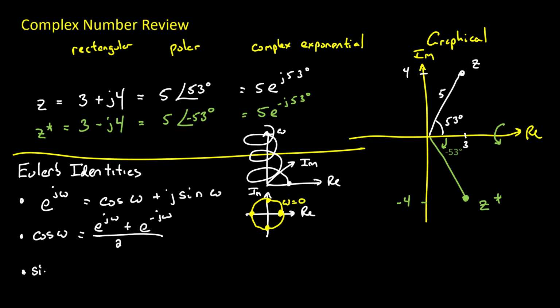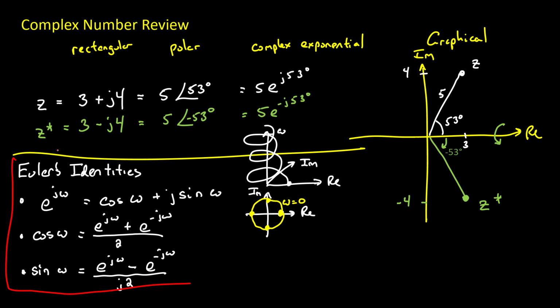And similarly, sine of omega looks almost the same, except we subtract instead of add. And the denominator, instead of being 2, is j2. So these are the equations. These are Euler's identities. And you will find that we use them a fair amount when studying this chapter.